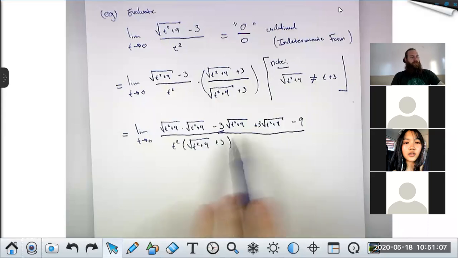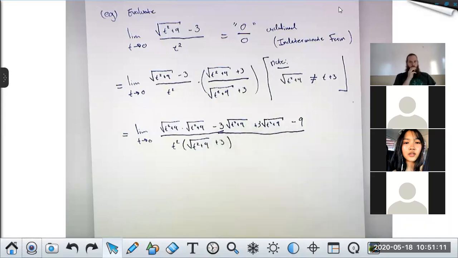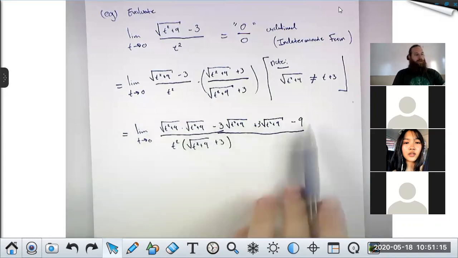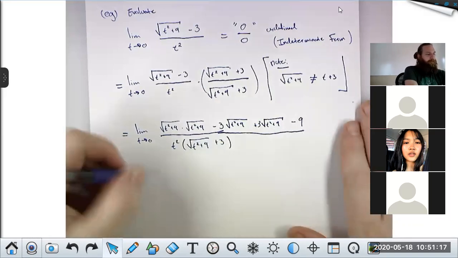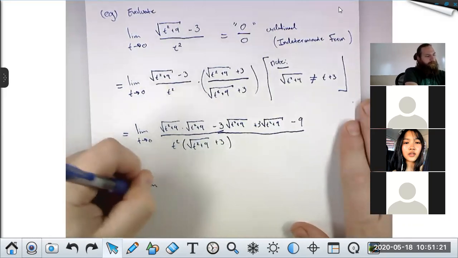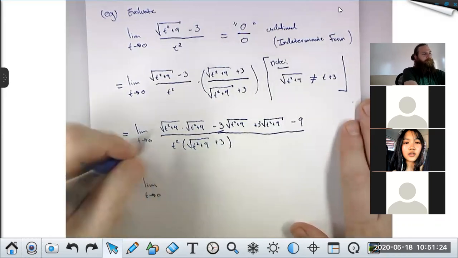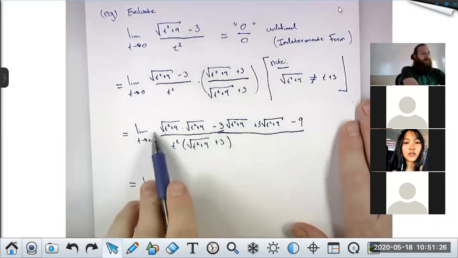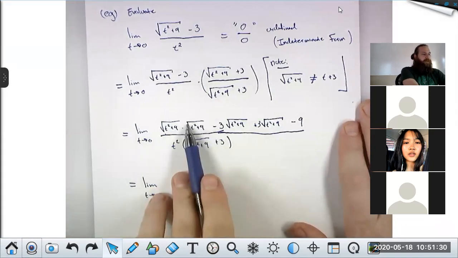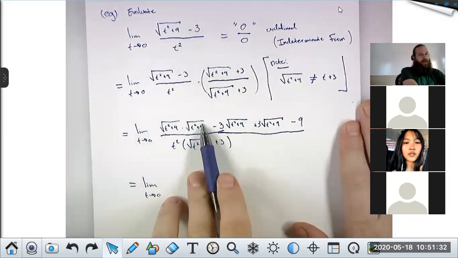Notice that the inners and outers cancel. So this and this are all that's left in the numerator. So I get the limit as t goes to 0 of the square root of t squared plus 9 times the square root of t squared plus 9, just like the square root of 5 times the square root of 5 is 5.